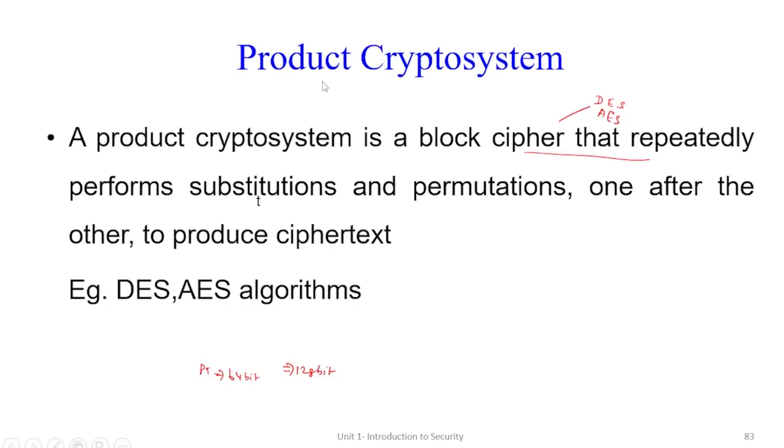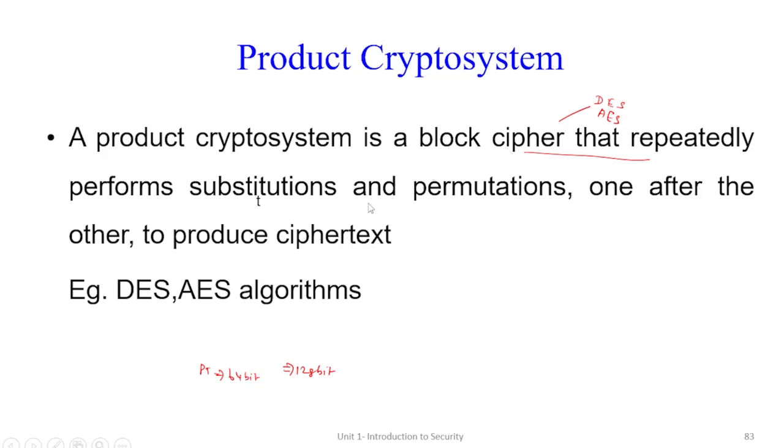The third topic of modern cryptography is the product crypto system. Another name for the product crypto system is a block cipher, which repeatedly performs substitution and permutation operations. After substitution we may use permutation, and after permutation we may use substitution again, one after the other in a repeated manner, and finally produce the ciphertext.